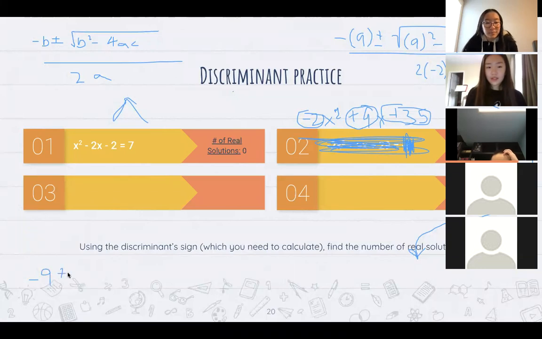Anyways, I'll start on this side. So 9 times 9, 81. 4 times -2 is -8. How did you get 81? I just came from this, so the 9 squared is 9 times 9, 81. Okay, good that you can see it.